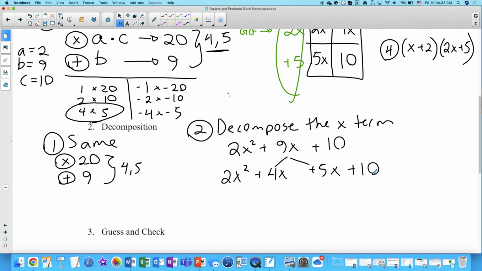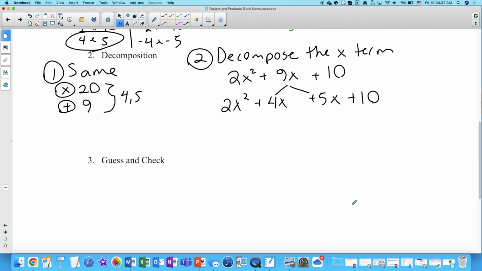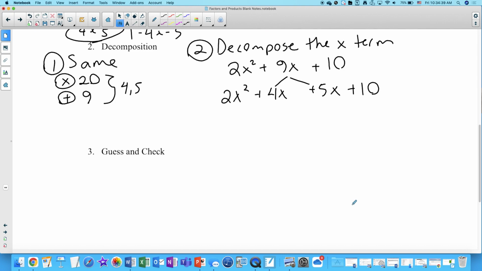The last thing, or this is sort of the second to last thing, is I want to factor the greatest common factor out of pairs. So I'm going to look at this pair and take out a GCF. And I'm going to look at this pair of terms and take out a GCF. Okay, so that's our third step: GCF of first two and last two terms.